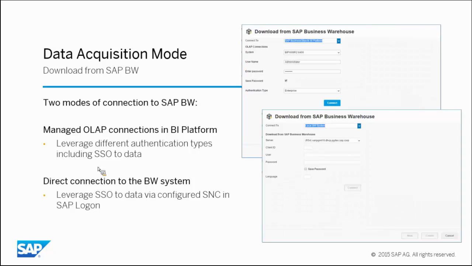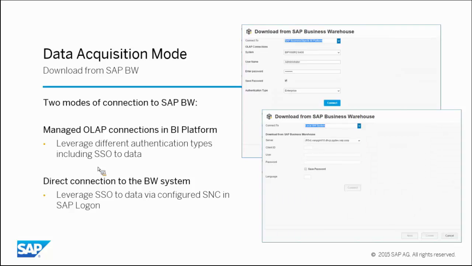Two ways of connecting to BW system from Lumira desktop. One, using the managed OLAP connections, which are defined in BI platform CMC. This has a lot of advantages. With this, you can make use of the SSO configured on the BI platform to query the result set.